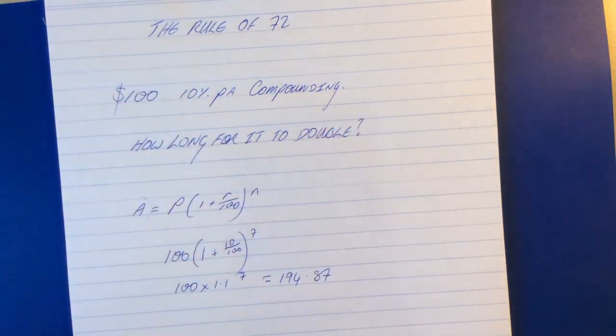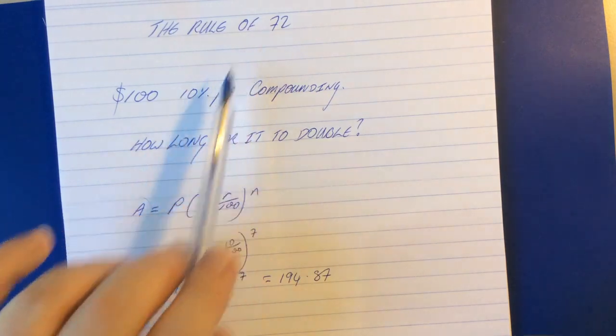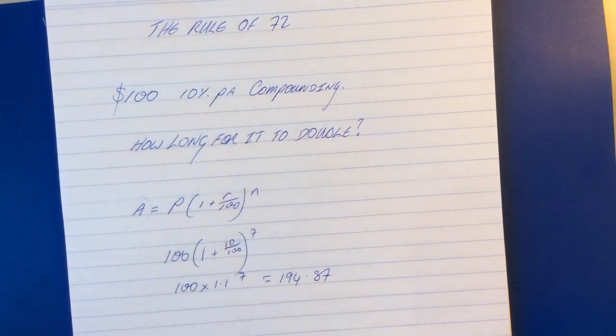194.87. Now, I said it would be a little bit over 7 years for this money to double, and that's based on this rough approximation. So if I went 7.1, which I'll just try. We'll see what we get.